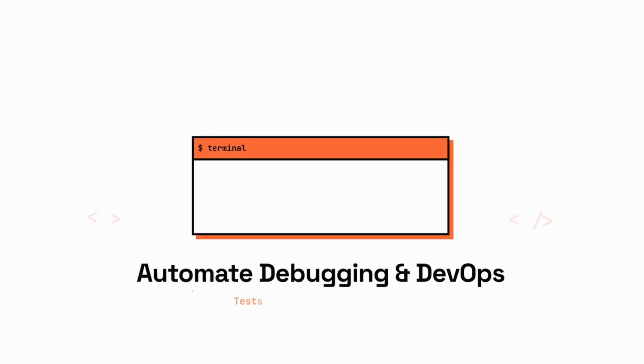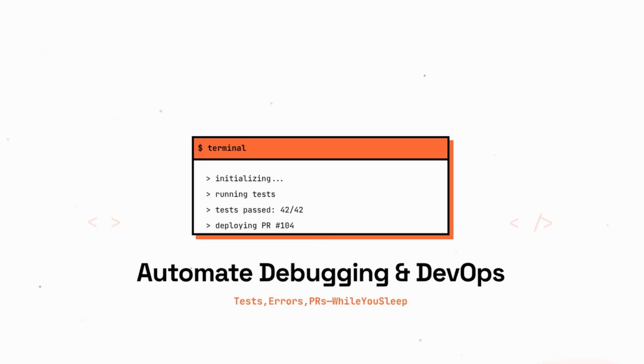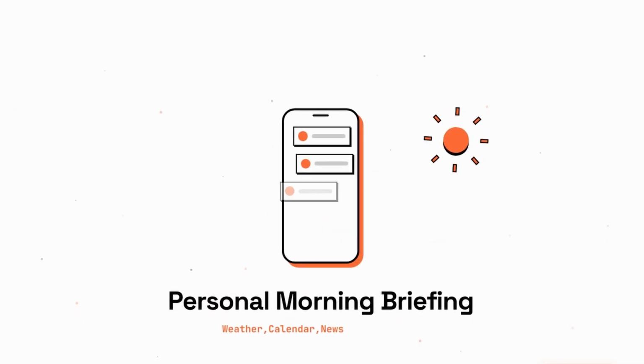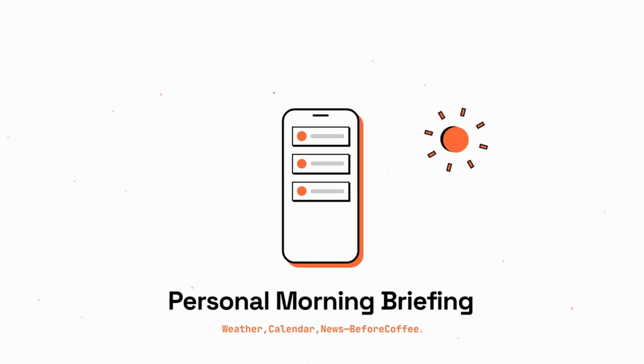So, what are people actually doing with this thing? A few real examples. Developers are using it to automate their entire debugging and DevOps workflow, running tests, catching errors, opening pull requests, all while they sleep. Small businesses are using it to automate operations. People are setting it up to send a personalized morning briefing to their WhatsApp every day.